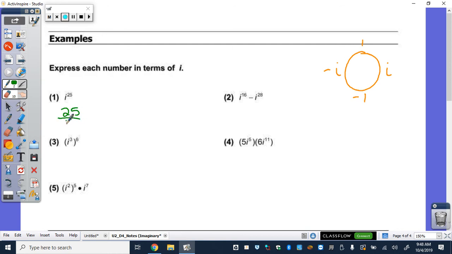So 25, divide that by 4, what do we get? 6.25. So again, that means it goes around the clock 6 whole times, and then it's got to go 1/4 of the way, which means it stops here, so that means this simplifies down to be just i. So i to the 25th simplifies to be i to the 1st.